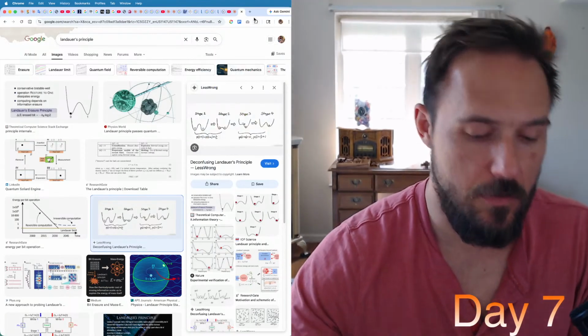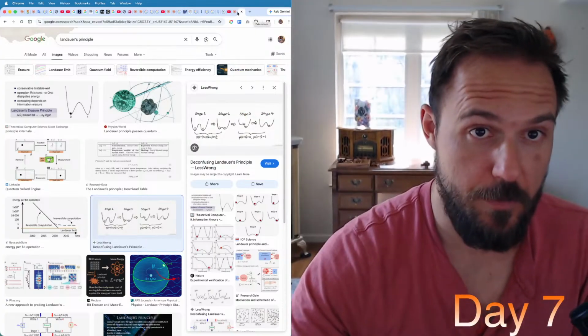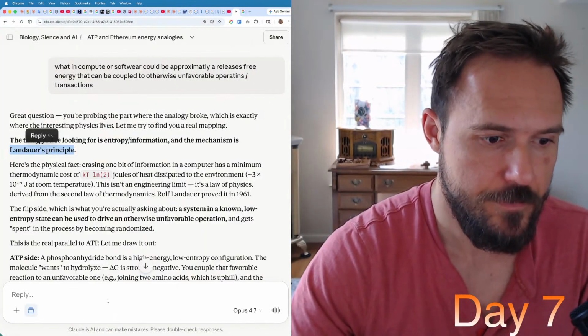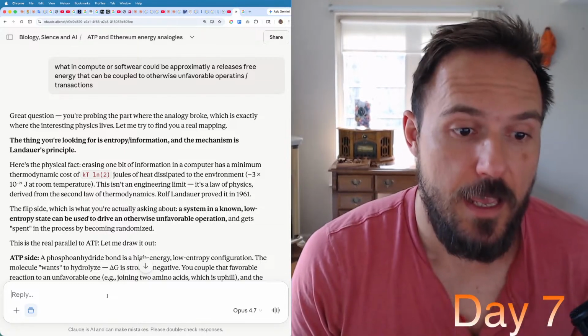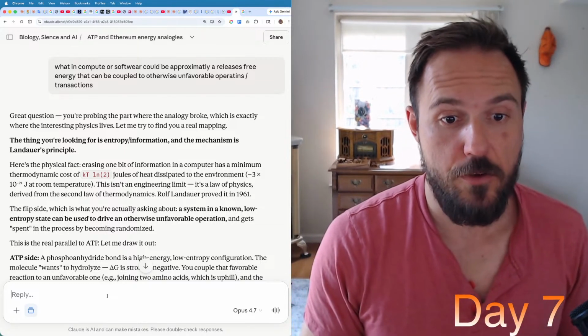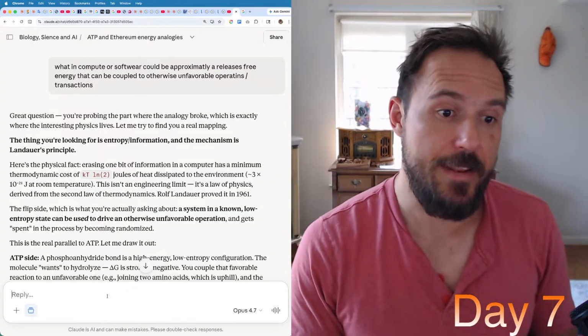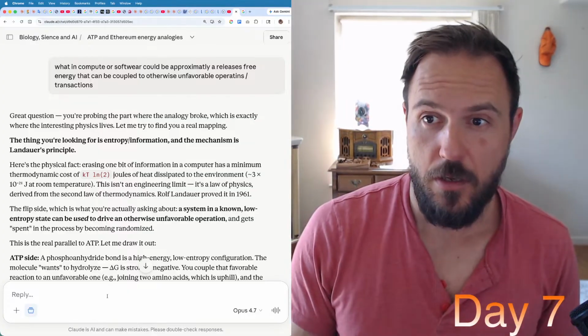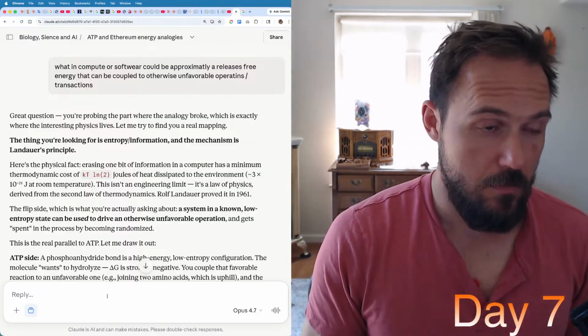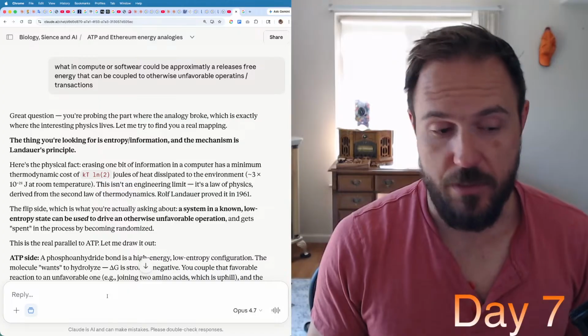Obviously, I didn't write it down. I'm going to do it one more time. Is there a way in ML training we can use something similar to ATP in cellular biology to avoid local minimum traps?